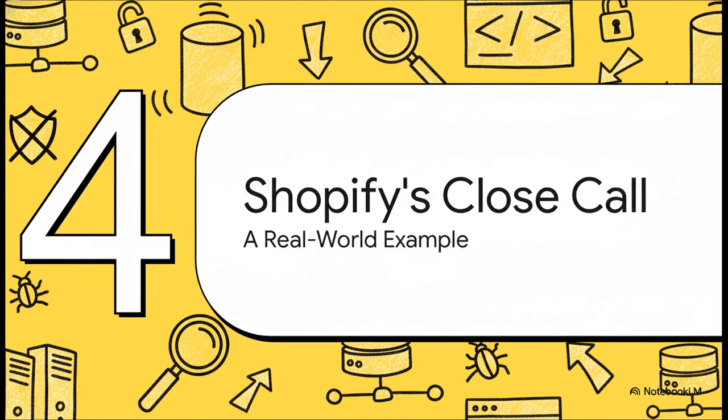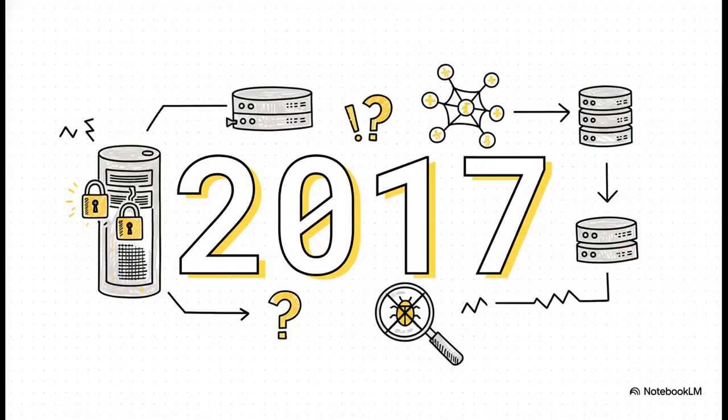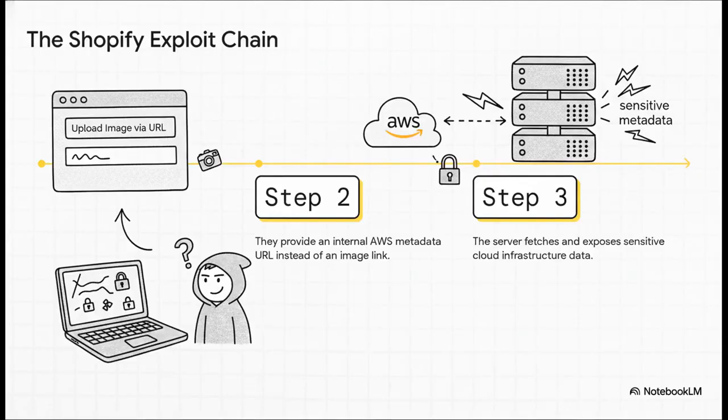Let's talk about a real-world case where a huge company had a very, very close call with this exact threat. Yep, we're talking about Shopify. Back in 2017, security researchers found a really critical SSRF vulnerability right in their main platform. So, get this. The way in was a feature that seemed totally harmless, letting a user upload an image by just giving a URL.